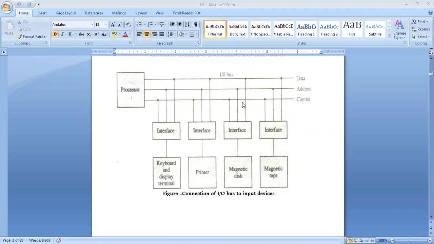Now is it clear? Is anyone there? Audible, sir. Okay. Did you understand the concept of interface? Why we are making use of the interface?